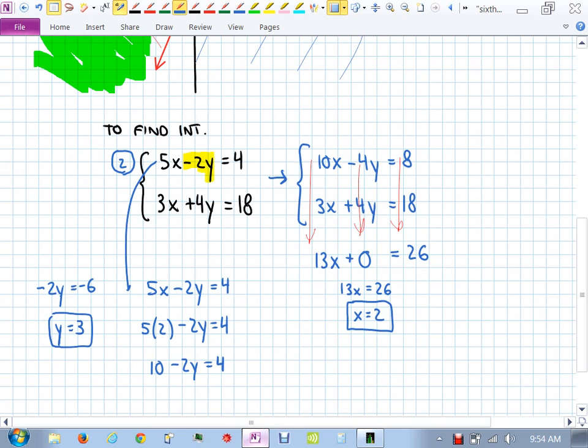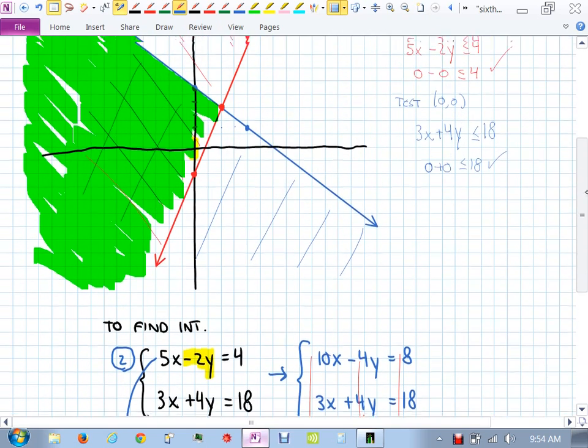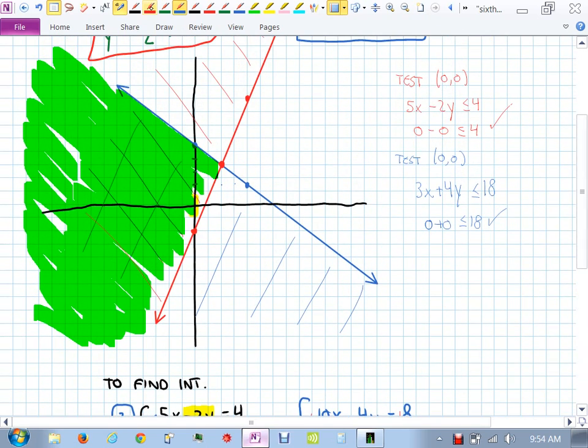Are we okay with this? Now, I'm just going to go back up to my picture, and all I'm going to do is label that point (2, 3).